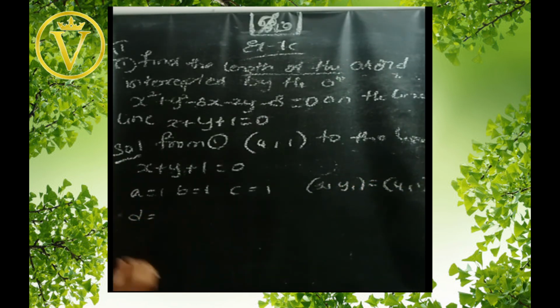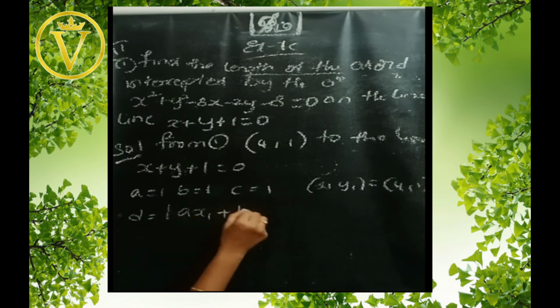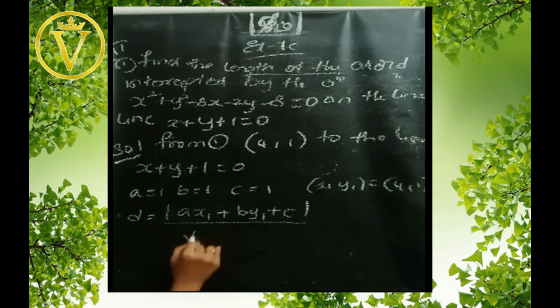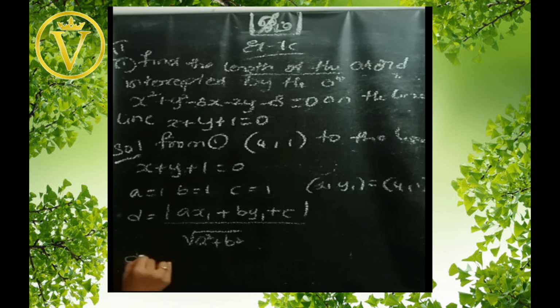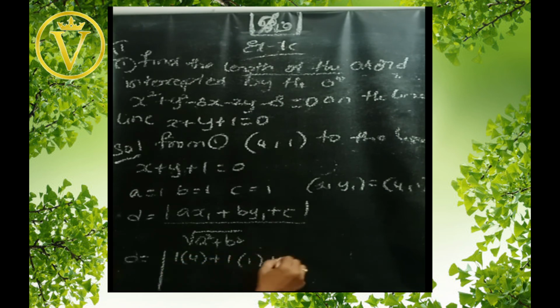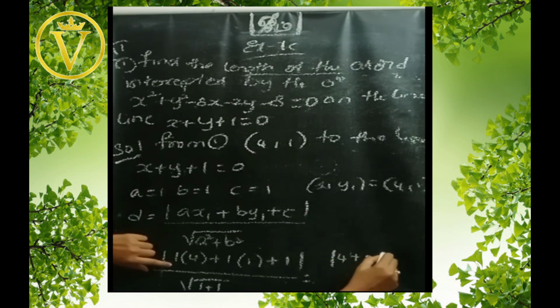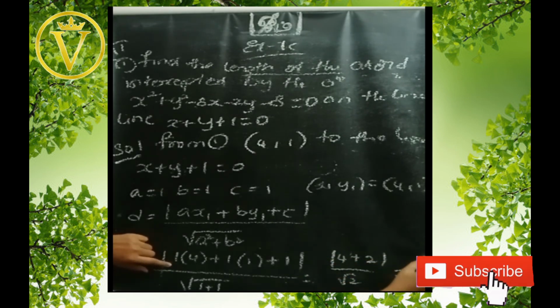Now substitute into a x1 plus b y1 plus c by root of a square plus b square. d equals, here a is 1, 4 plus 1 into 1 plus 1, by root of 1 plus 1. We get 4 plus 2 by root 2, that equals 6 by root 2.